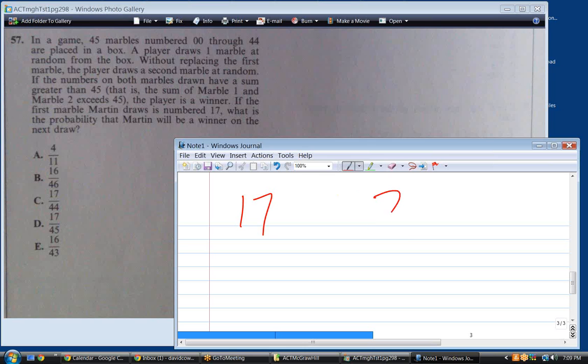So he needs a 29 or higher. Right? There's 45 marbles in there. How many of them are 29 or higher?